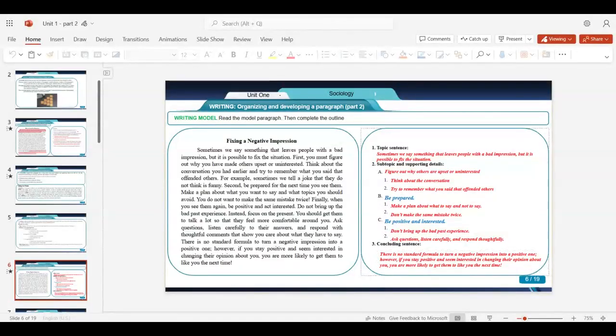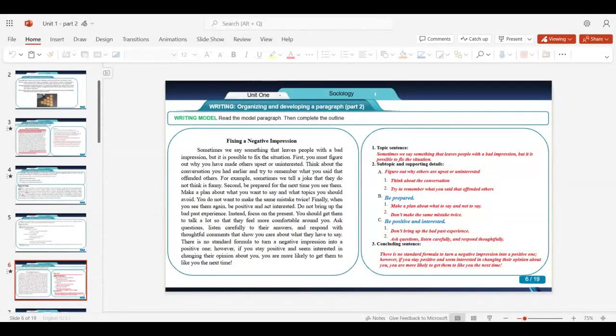So you see here how we can use different ways of writing a paragraph and make our paragraph more interesting for the reader. If you write a good topic sentence, you can easily attract the attention of the reader.